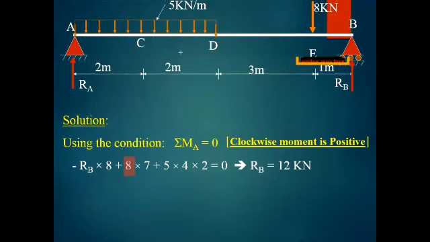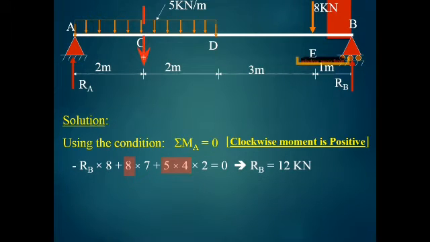For this UDL, I have calculated the total UDL. So total UDL is 5 into 4, intensity into distance. And this is going to act at the center of the UDL. Here, we assume that this will act at the center.